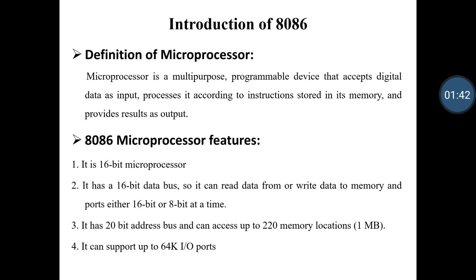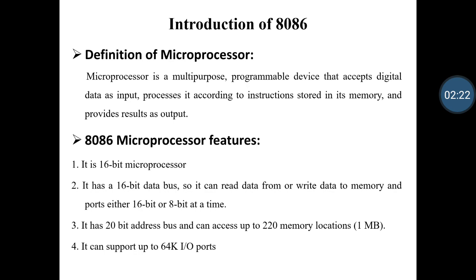In the previous video I told you about the evolution of the microprocessor. In that I explained the 4-bit microprocessor, 8-bit microprocessor, then 16-bit, 32-bit and 64-bit microprocessors. Today we are studying the 8086 microprocessor. The 8086 microprocessor is a 16-bit microprocessor, meaning this processor can execute 16-bit data at a time.